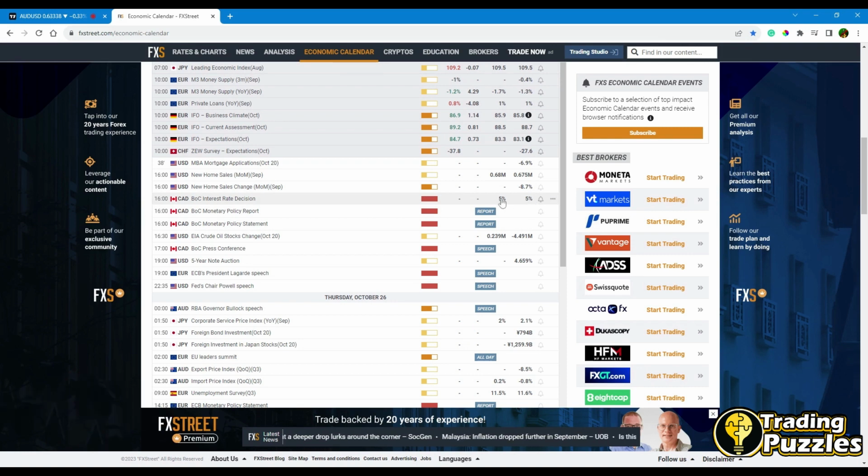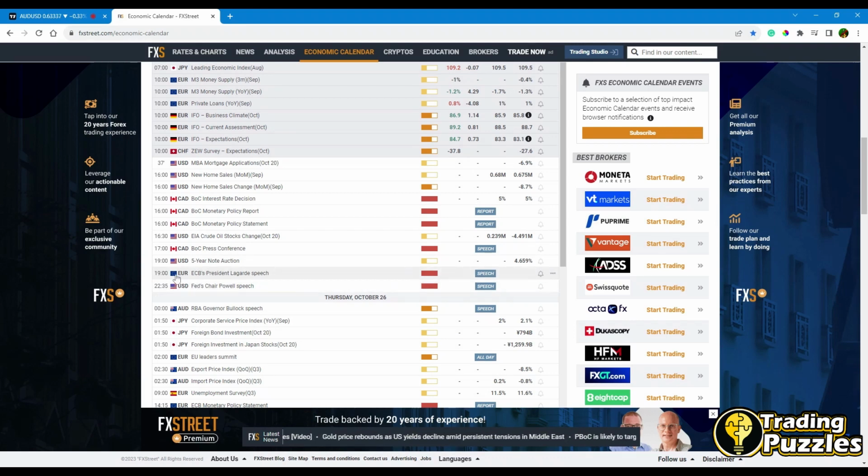It is not expected any movement, so it is not expected that they may increase the interest rates. It is not related directly with Aussie USD, but we have seen several times that Aussie USD and Canadian dollar move almost in the same direction. So it will create price volatility also for Aussie USD this time.